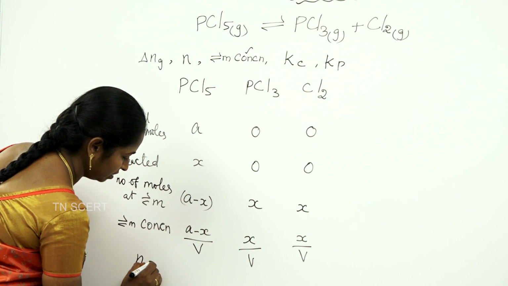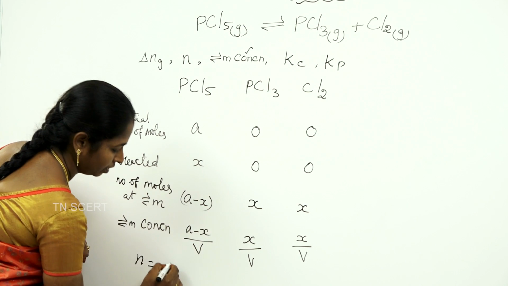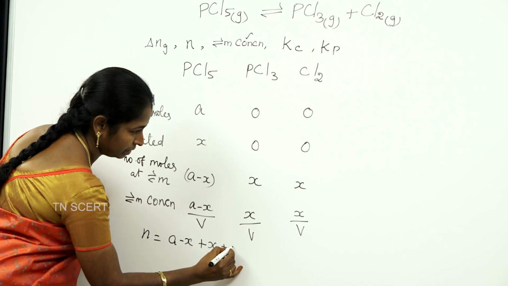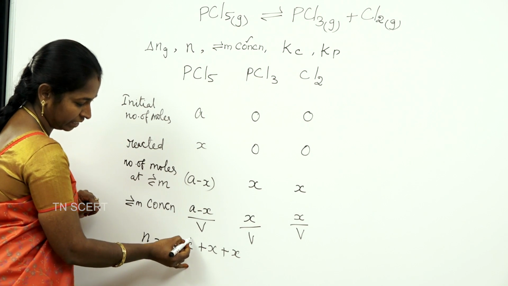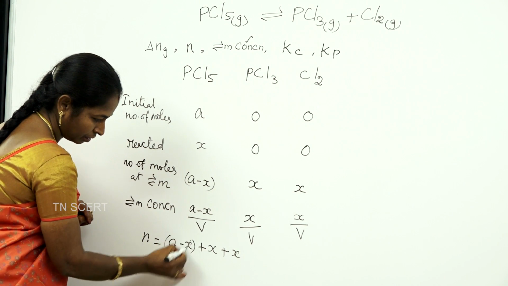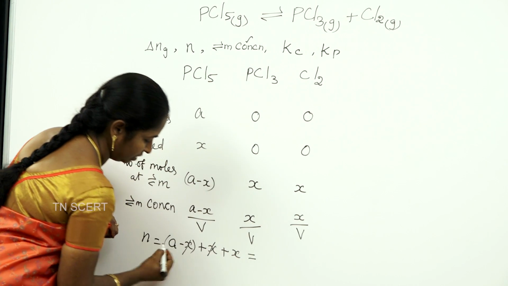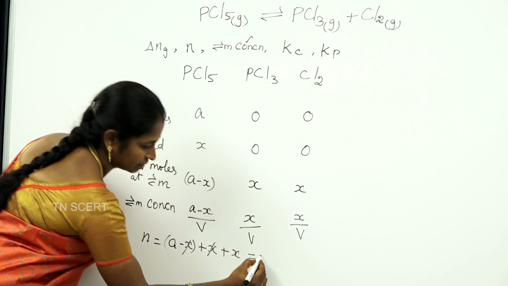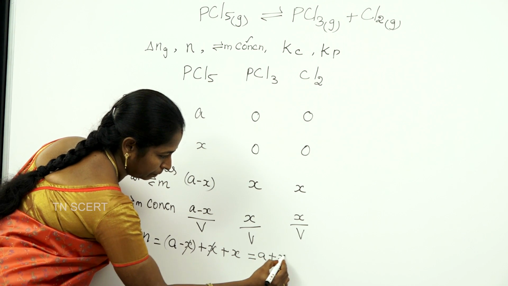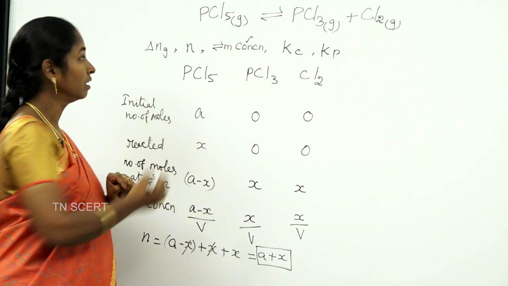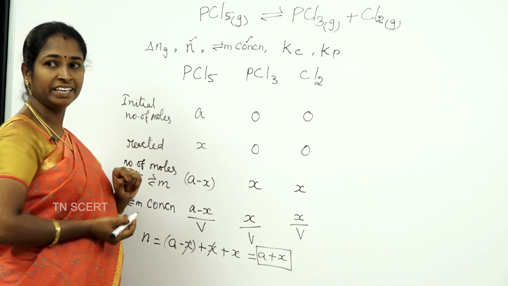So, N is equal to A minus X plus X plus X. You can cancel this minus X and plus X. So, N value is equal to A plus X. This is the value of N.